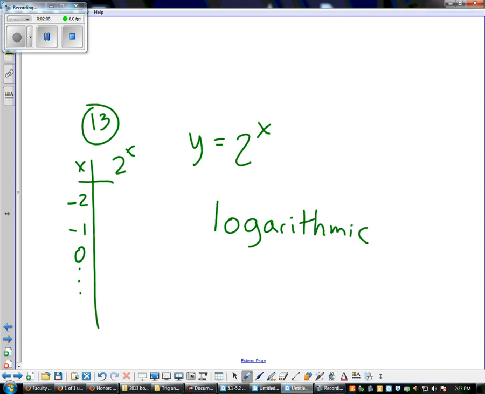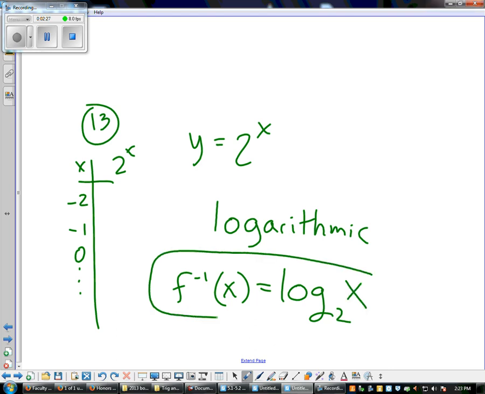So your answer for the inverse for number 13, f inverse of x, is going to be log what base? It's going to be the same base that we see here. So log to the base 2 of x. This is your inverse. So that's what you're going to be graphing along with the f of x equaling 2 to the x.